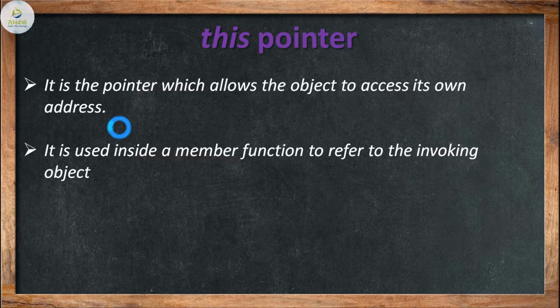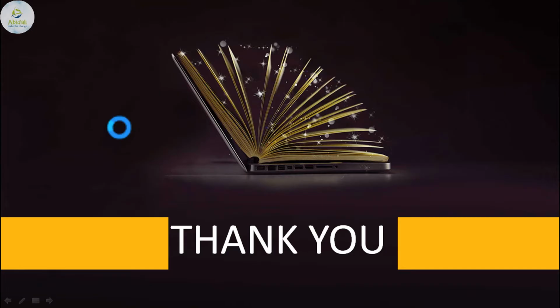So it is used inside a member function to refer to the invoking object, that is the currently working object. I want to know where I am working right now, so I will use the this pointer and I will access the address of my own working space. This is one mark. So the pointer which allows the object to access its own address, where it resides or where it stays, is called the this pointer.